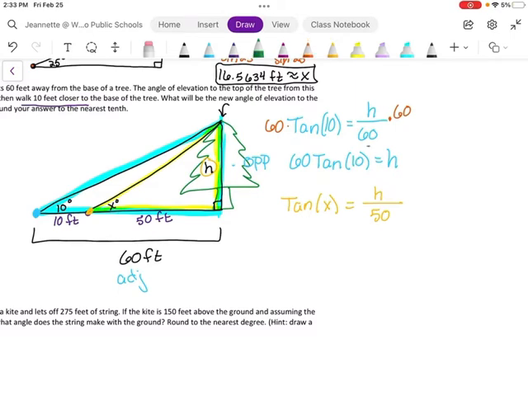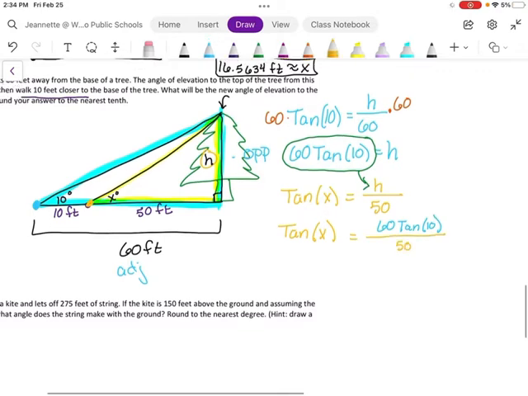This equation has two different variables, but we know that h is also equal to 60 tan of 10. So we're going to replace the h with that value. So we know tangent of x is going to equal 60 tan of 10, and that's going to all be over 50.